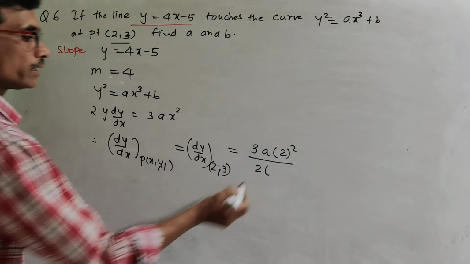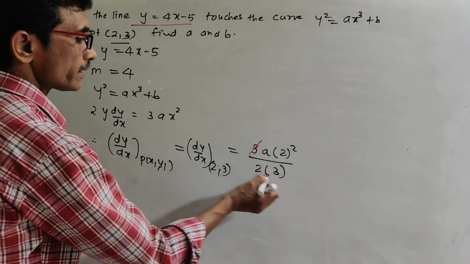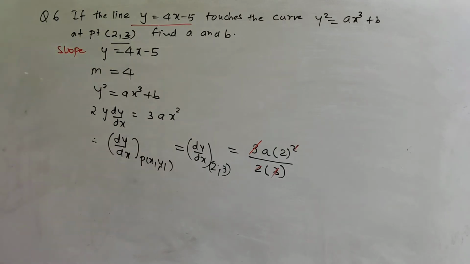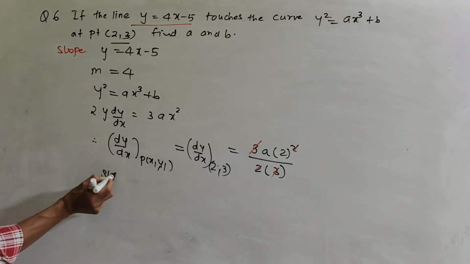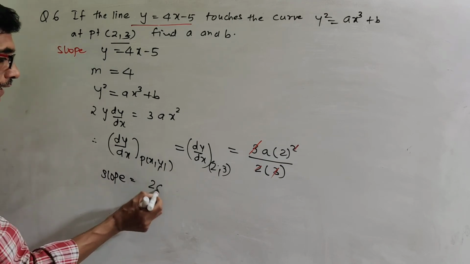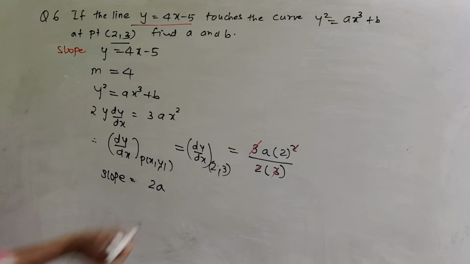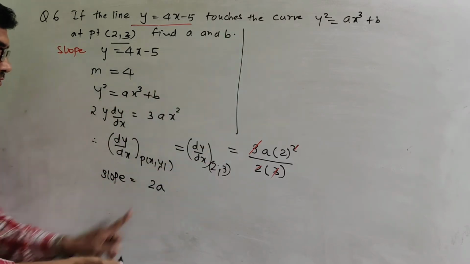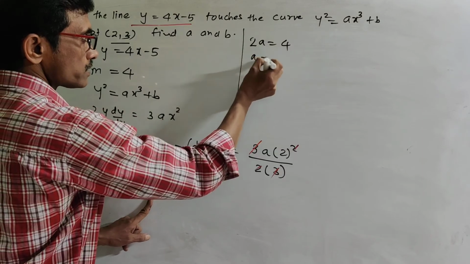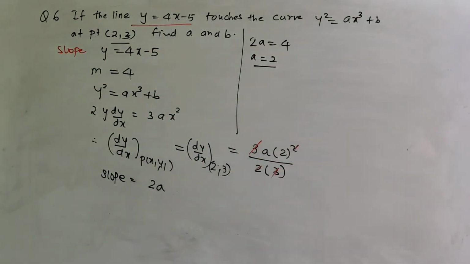Y is equal to 3. So this 3 is getting cancelled and 1, 2 is getting cancelled. So slope of the tangent is equal to 2a. But slope of the tangent is 4. Therefore 2a is equal to 4 and a is equal to 2.